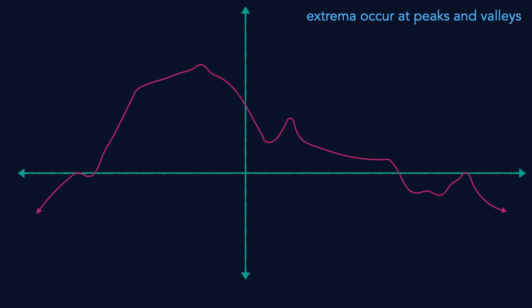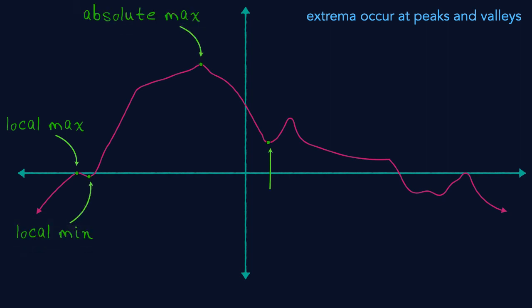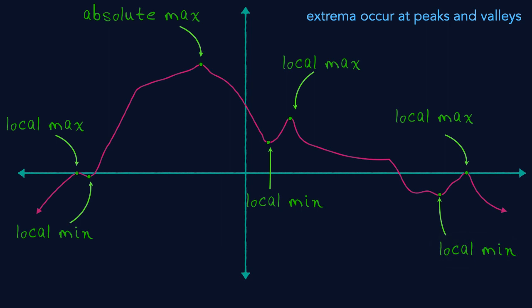So we can always imagine our functions to be viewed from the side as mountains, and we can just figure out where the extrema are going to be by the peaks and the valleys. So here we have a local max and a local min. We have an absolute max, local min, local max, and then we have two more local min values here.